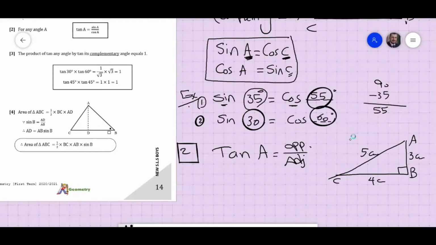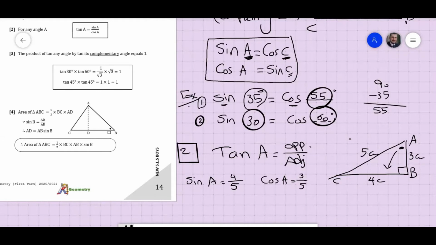And I ask you to find sine angle A. What is the sine? Opposite over hypotenuse. So it will be 4 over 5. And cosine angle A, adjacent over hypotenuse, will be 3 over 5.